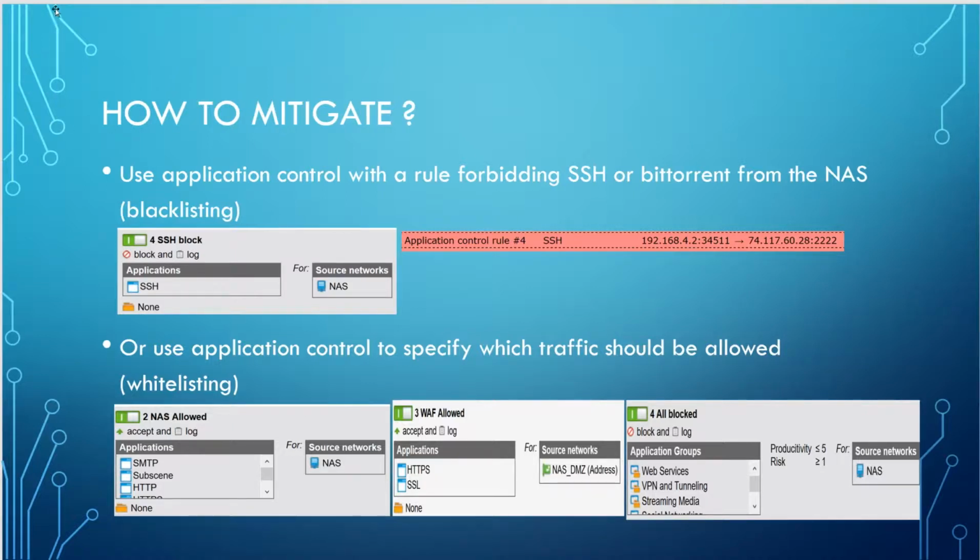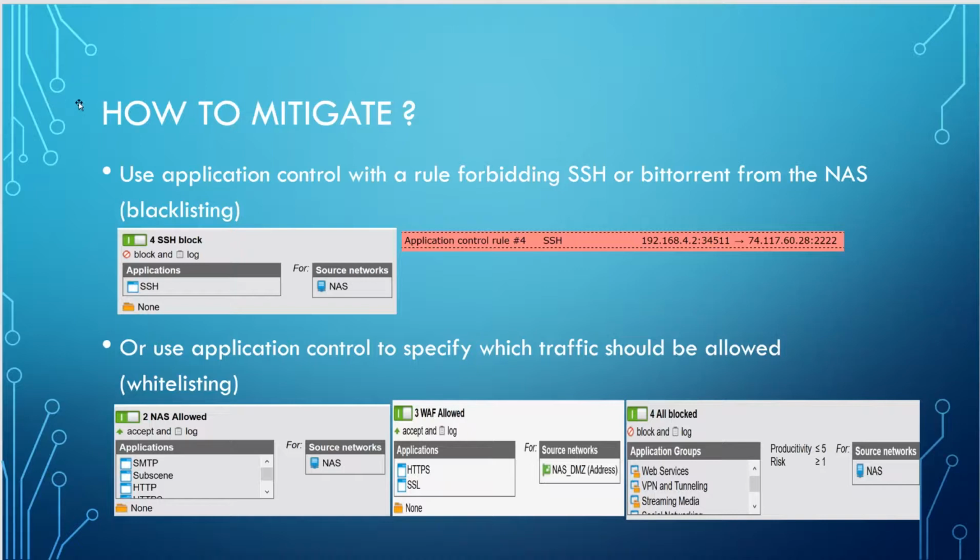So the first example here is just to show you the blacklisting approach. But on my side, I'm using a whitelisting approach. So I'm going to authorize some applications for my NAS. These applications will be SMTP, Subscene, I think it was for DS Video for subtitles, HTTP, HTTPS, and this kind of traffic.